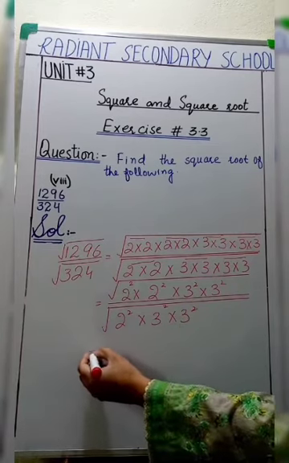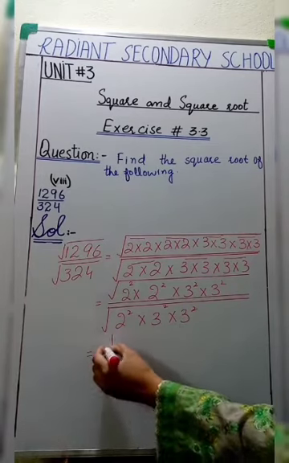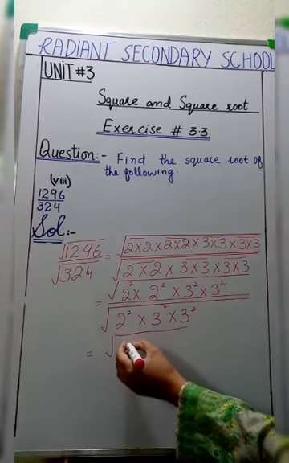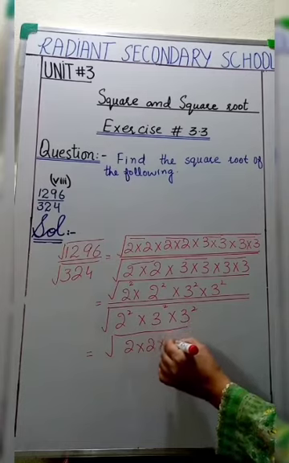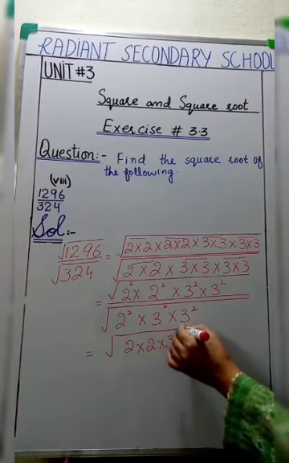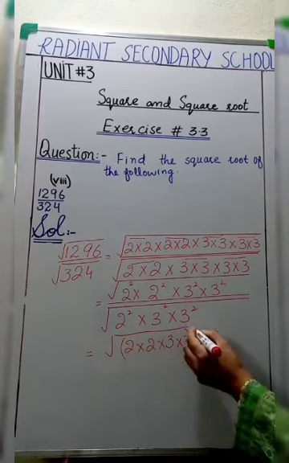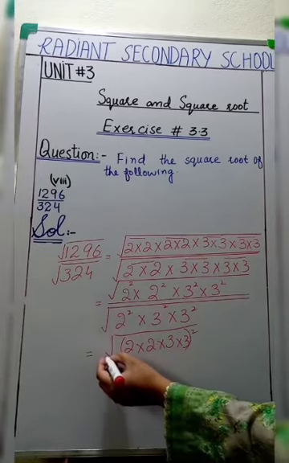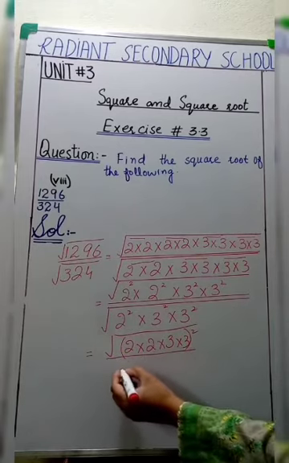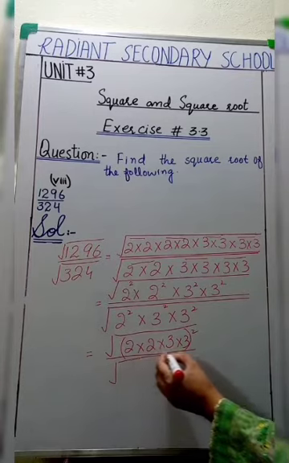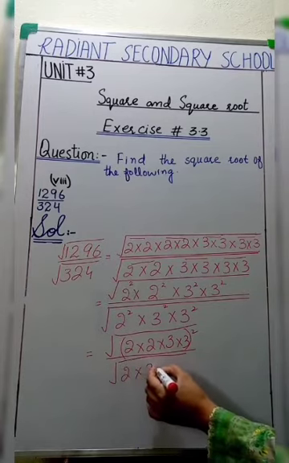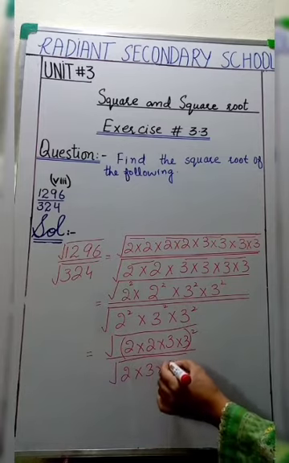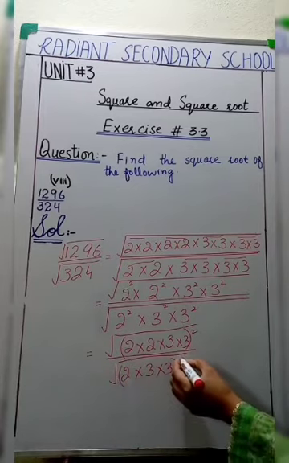Now in the next step, I will take square as common. 2 into 2 into 3 into 3 on the whole square, under it, 2 into 3 into 3 whole square.